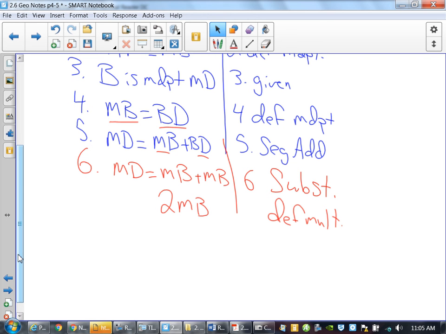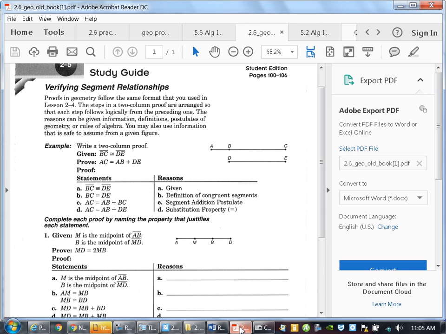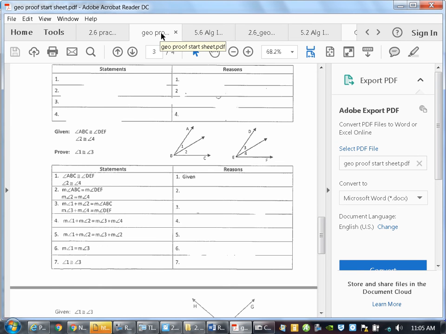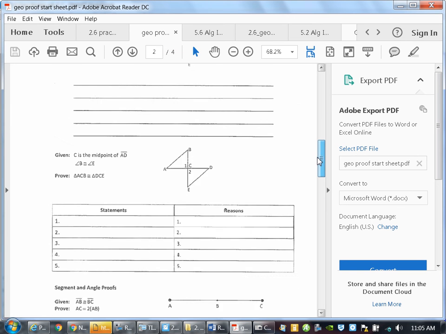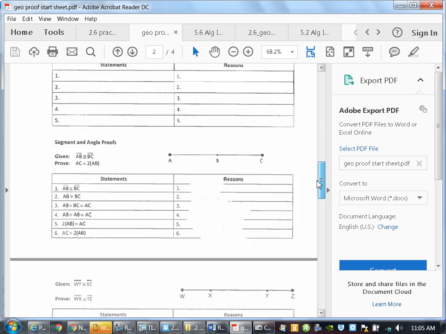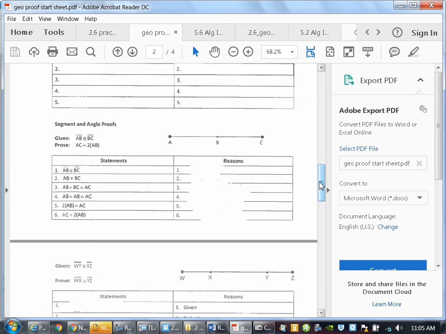On page 1, do the algebra proof on the bottom. On page 2, I think it was the second one, yeah, the bottom of page 2 is a segment problem.